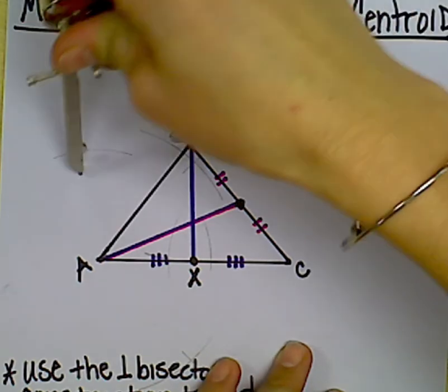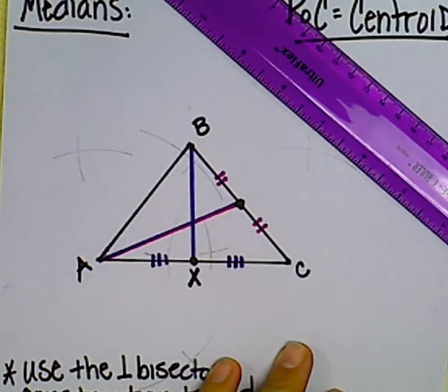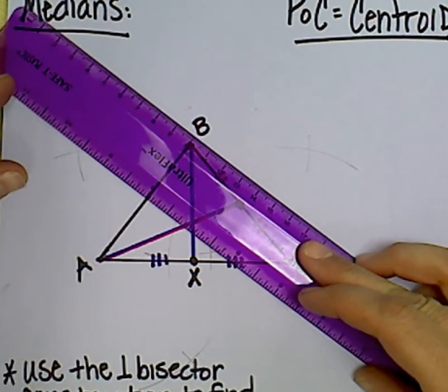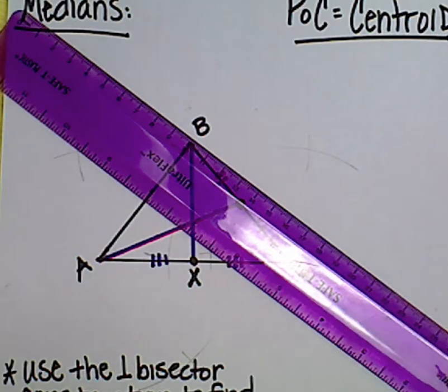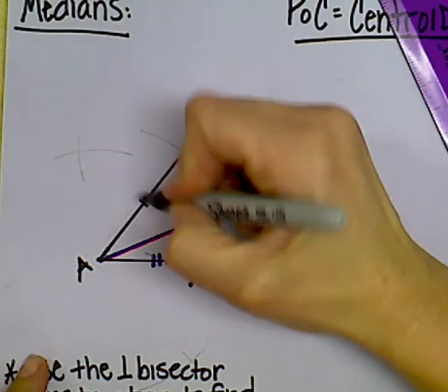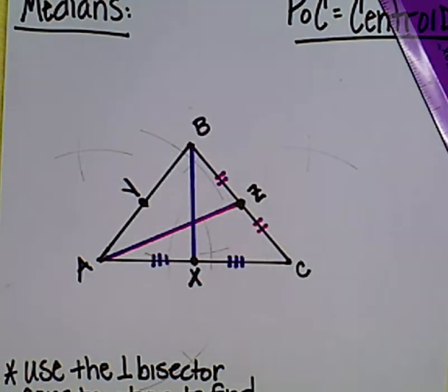Go to B, finish off the X here and here. So when I line up, our X marks the spot. Mark your midpoint. And we'll label this one Y, that one Z.